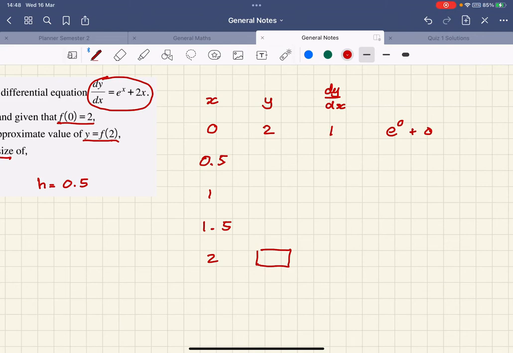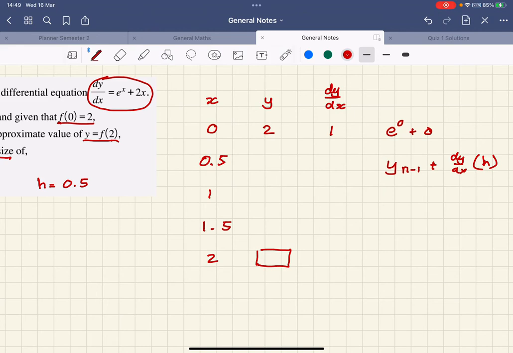No problem. Now I'll work out my next y value by taking the y from the previous value and adding on my previous dy by dx times the h, the step size. So I take my 1 for dy by dx, I times it by a half, because h is a half, 0.5.